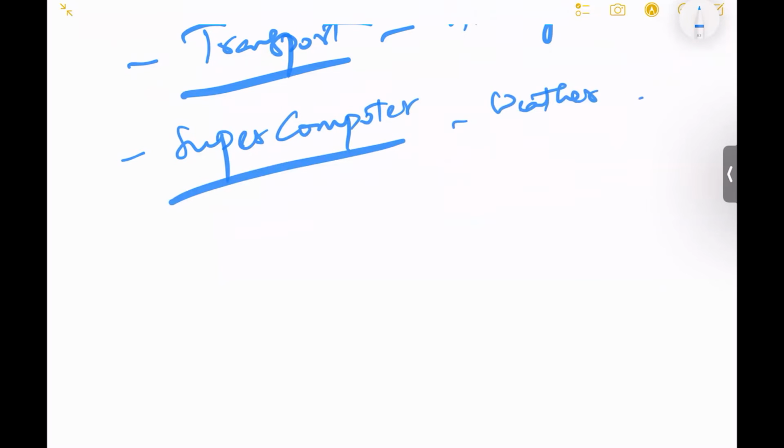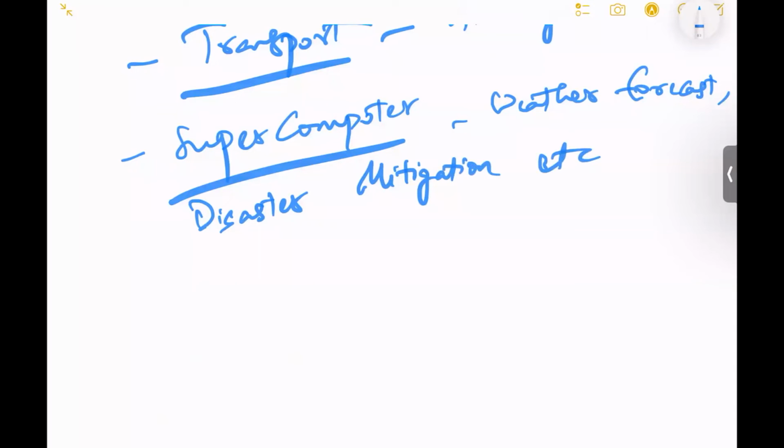Weather forecast, disaster mitigation, etc.